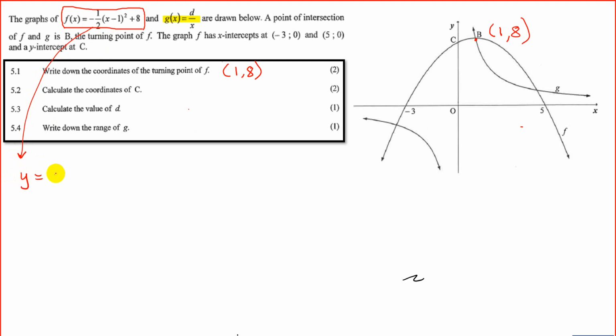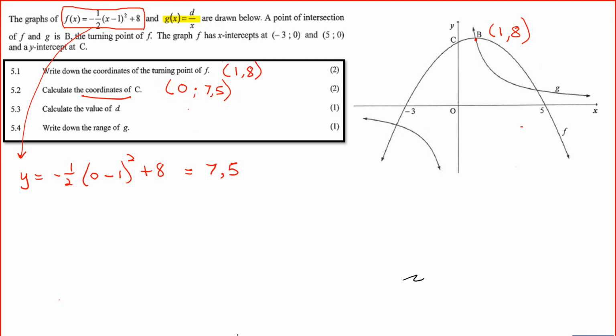So we get y is equal to minus half, where we have an x in the equation, I'm going to change that to 0, minus 1, all squared, plus 8. And you can type that on the calculator, and that will give me 7.5. So the question says find the coordinates of C, and we're going to put that into coordinate form, which will be (0; 7.5).